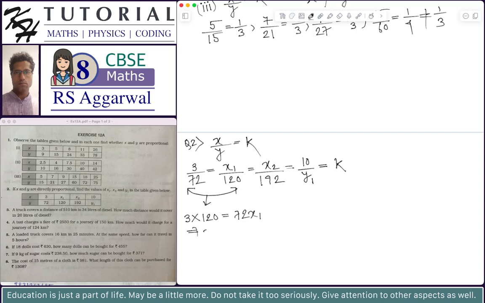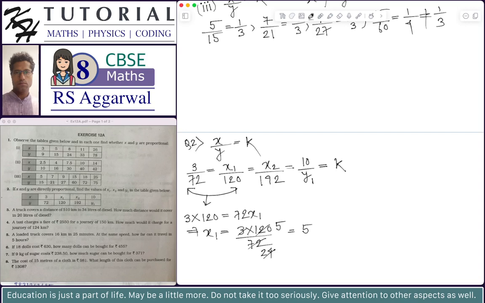So this implies x1 is equal to 3 multiplied by 120 divided by 72. 3 divides 72 with 24, and 24 divides 120 with 5. So x1 is equal to 5.